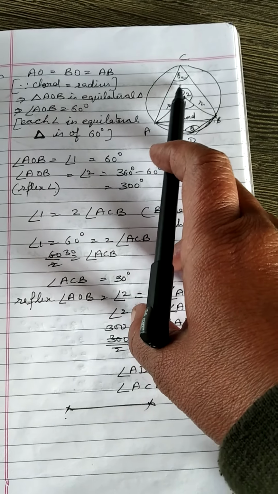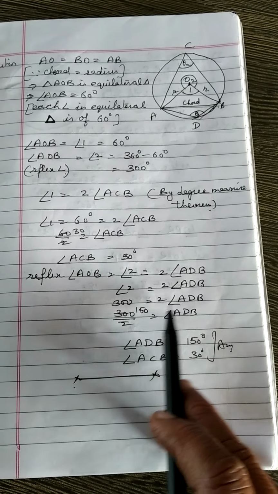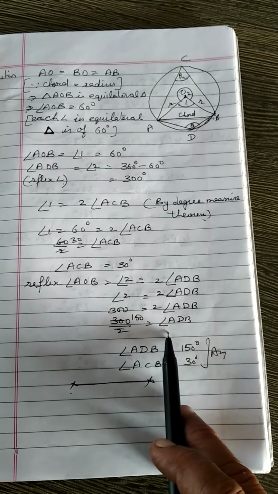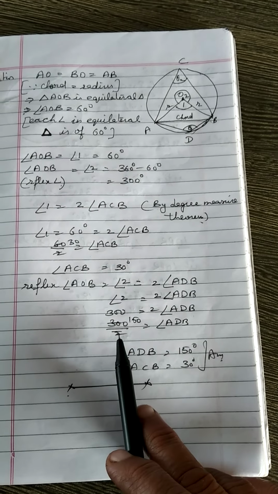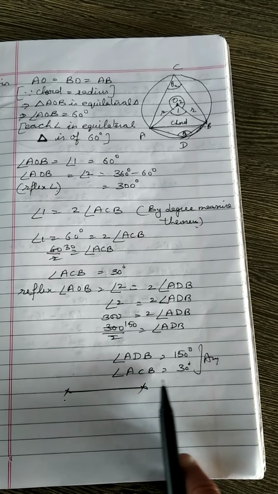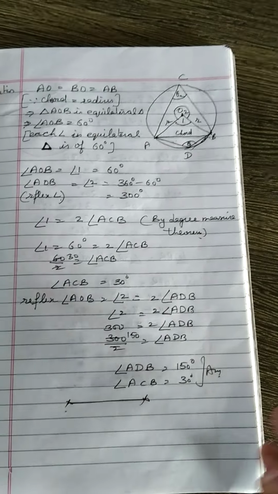Then we put the value: 300 is equal to twice of angle ADB. 300 divided by 2 is 150, equal to angle ADB. Angle ADB is equal to 150 and angle ACB is equal to 30 degrees, that we have found out in this question.